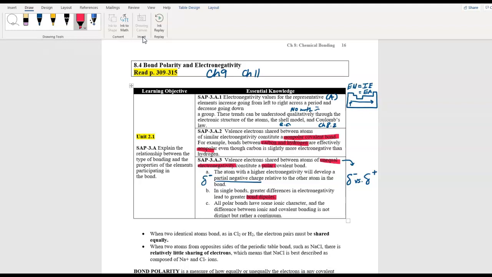All polar bonds have some ionic characteristic, and the difference between ionic and covalent is not distinct, but rather a continuum. We already know what classifies ionic and covalent: ionic is metal and nonmetal, and covalent is nonmetal and nonmetal. Even if it's a nonmetal and a nonmetal, in polar bonds you can have some ionic characteristics.